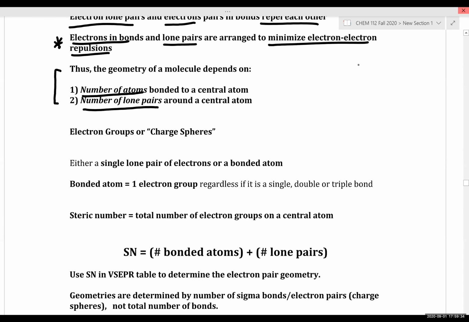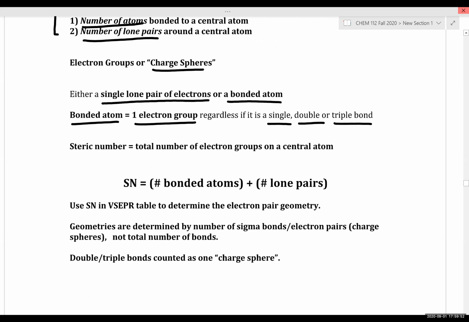Now, an electron group or charge sphere is defined as a single lone pair of electrons or a bonded atom. So a bonded atom is one electron group, regardless if it's single, double, or triple bonded. That makes sense so far.